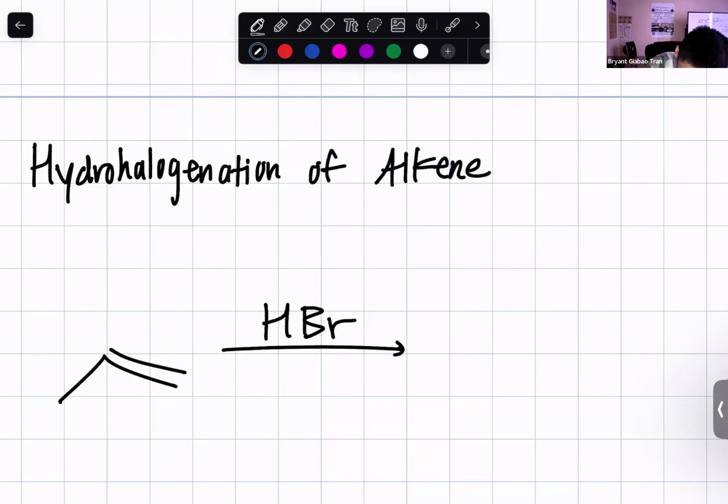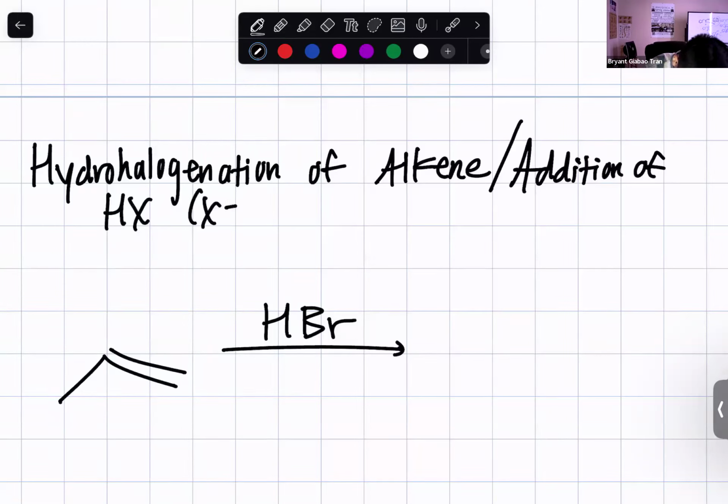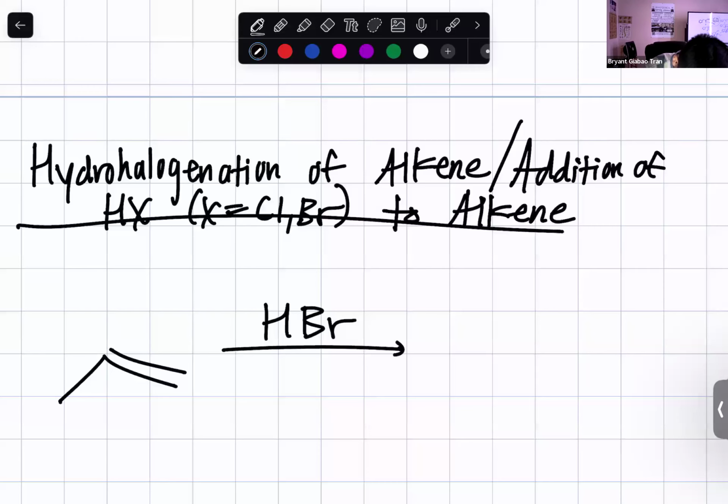I've seen some professors just say addition of HX to alkene, where X is chlorine, bromine, a strong acid, to alkene.